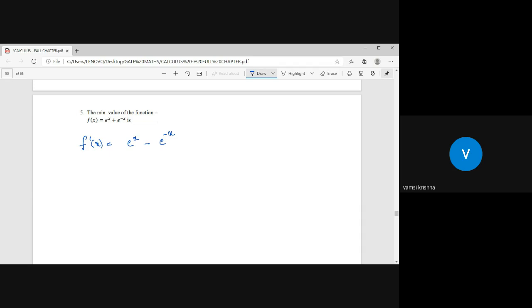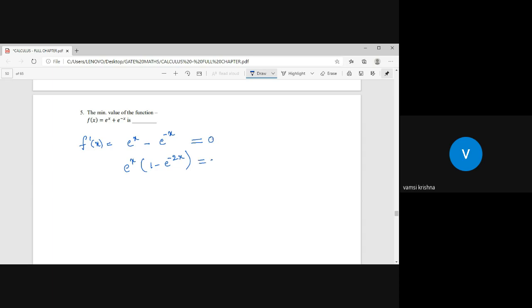So if you take e power x as common, f dash of x is e power x times (1 minus e power minus 2x). I took e power x common; dividing e power minus x by e power x gives e power minus 2x. We need to equate f dash of x to 0.